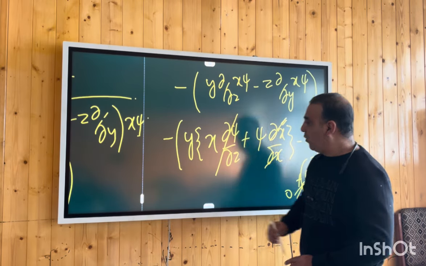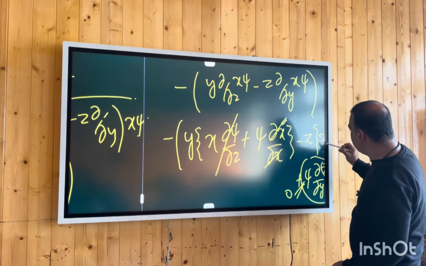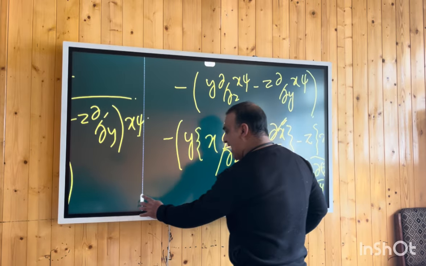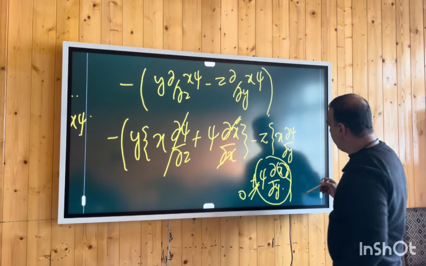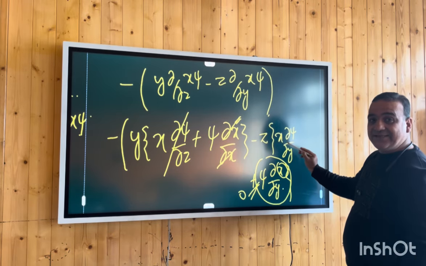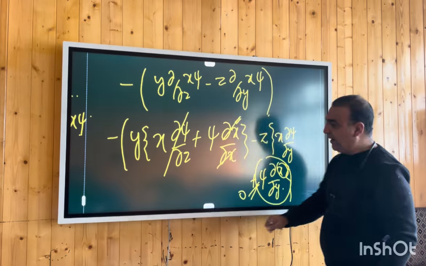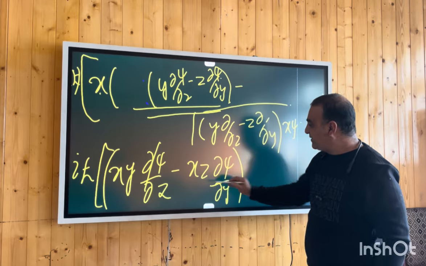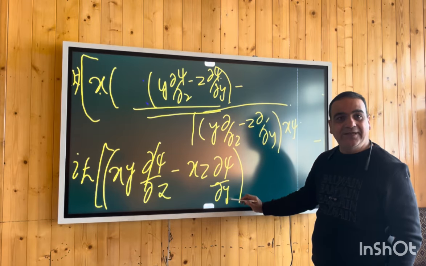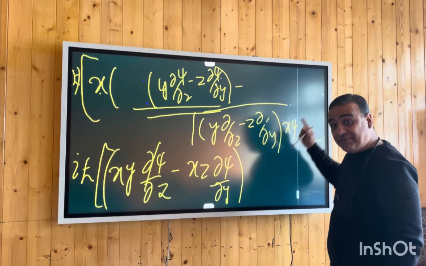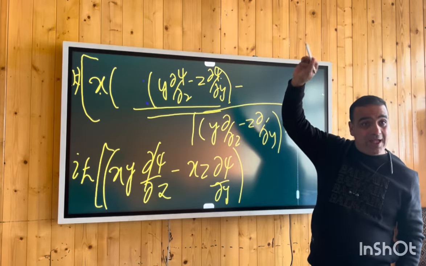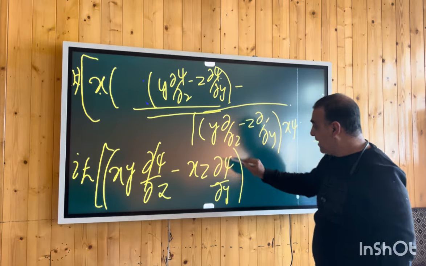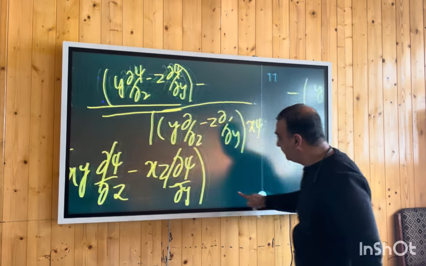Am I right? Okay. Now another term that we have here, what is that? Okay. Zx dou psi by dou y. Can you see it? So this is minus, that will become plus because you have a minus outside the brackets. So this term is also gone.